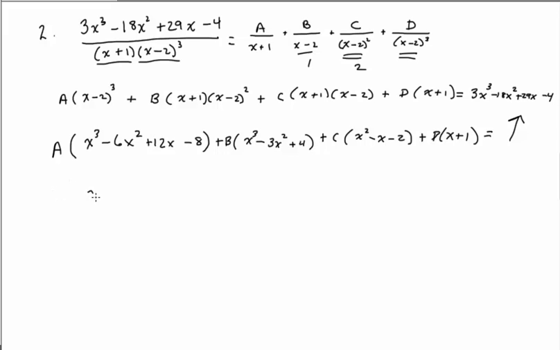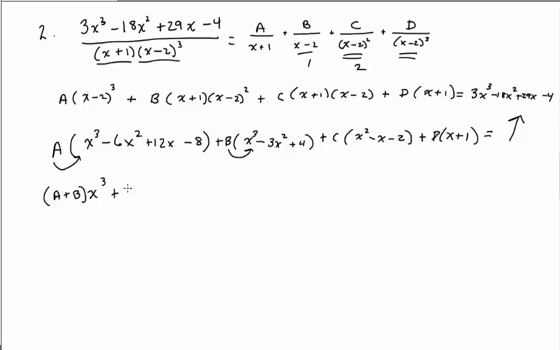Okay, so let's take a look at this. What are the terms that precede any x cubed? Can you see that it's simply a plus b? See, if I distribute the a and distribute the b, those will be two terms that precede an x cubed.